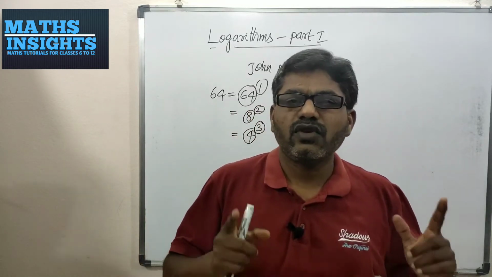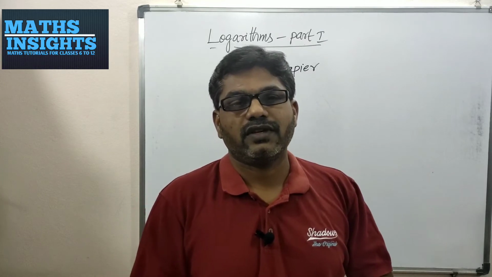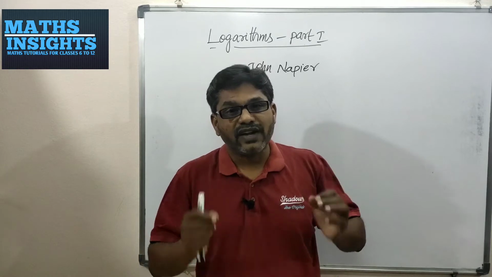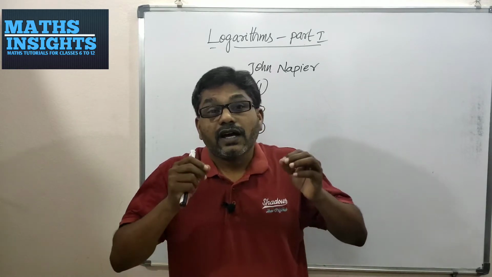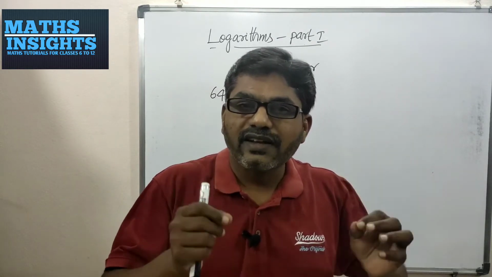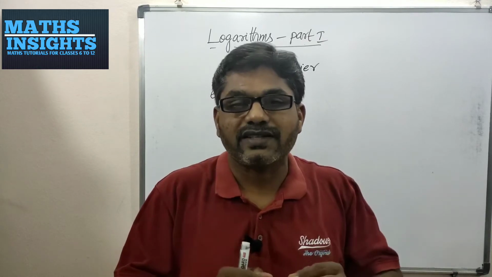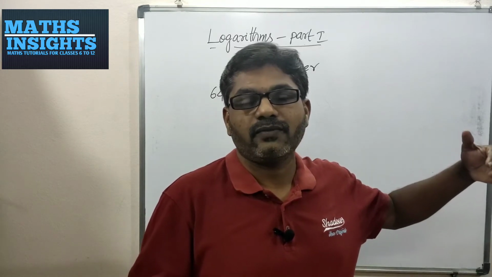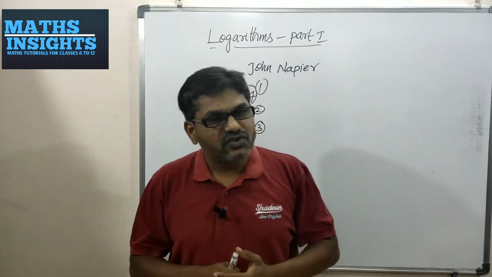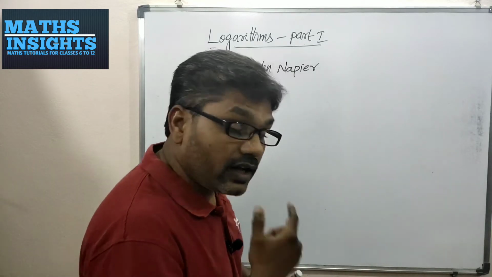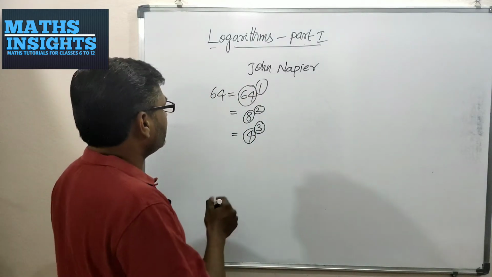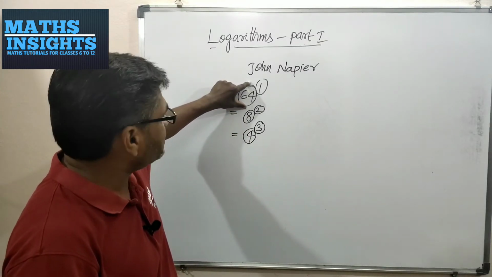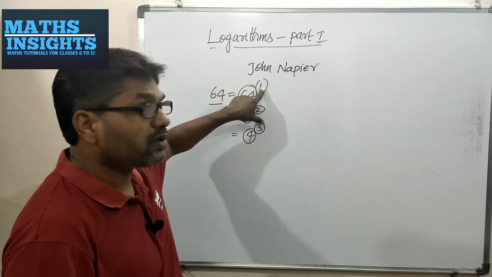Logarithms are defined only for positive values. So the logarithm of any positive number is defined as the index or power of the base to which it is raised to get that number. The definition may confuse you, but I will explain by taking some examples. See, 64 is obtained by taking the base 64 and raising it to power 1.